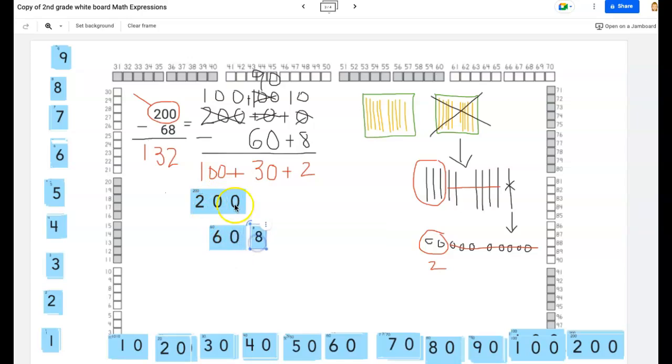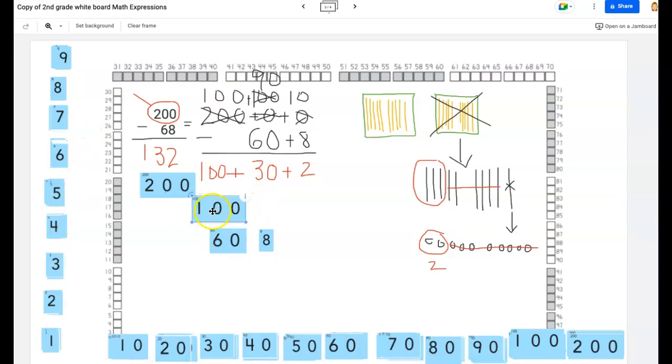So what I'm going to do is I'm going to go ahead and take my 100. So the 200 goes here. Then we move this here. And then we see, well, wait a second. We need to ungroup this to be 90. We need to take this because we have to ungroup a 10.